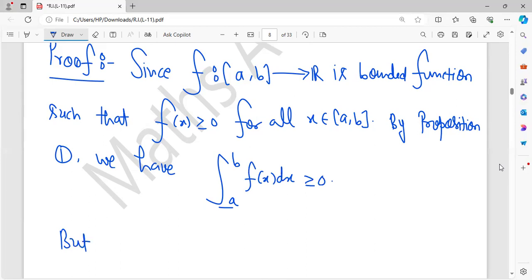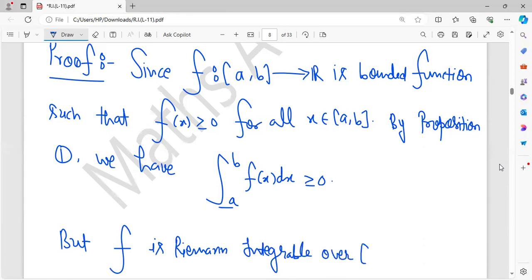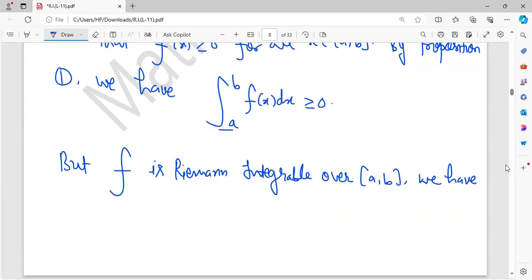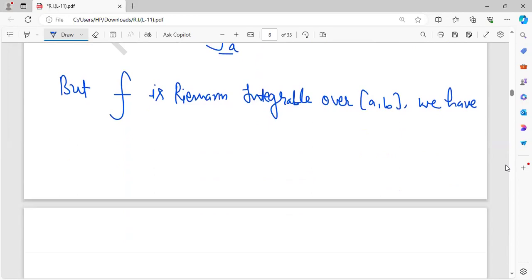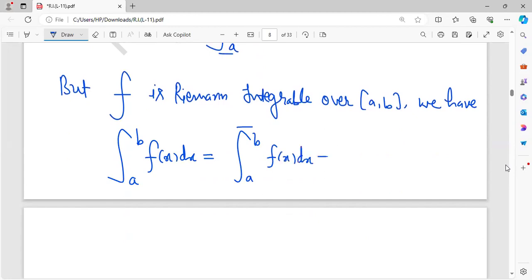But f is Riemann integrable over [a, b]. We have this integral from a to b of f(x) dx is equal to the upper integral, and this is equal to the lower integral.